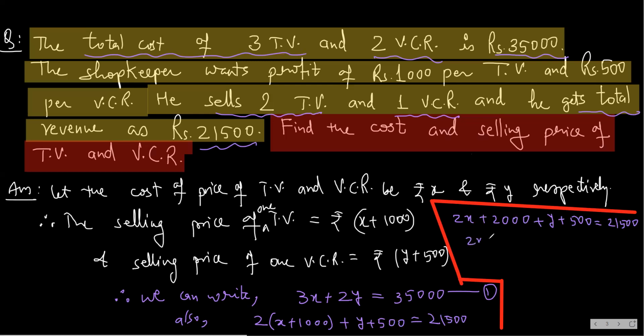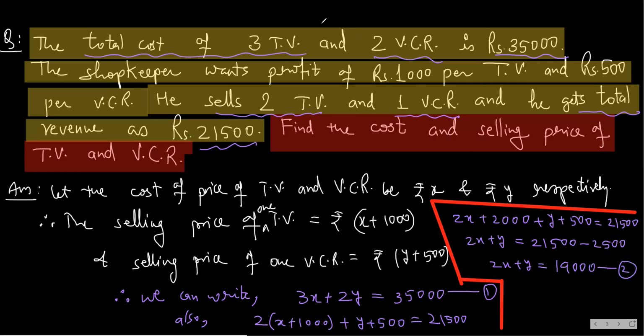So I get 2x + y = 21,500 - 2,500. So this is 2x + y = 19,000. You got equation number 2.